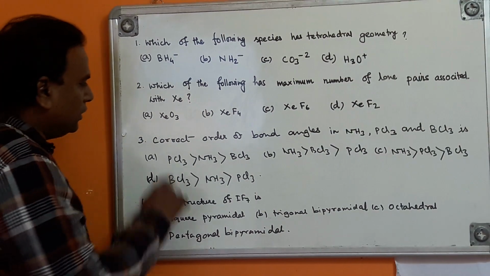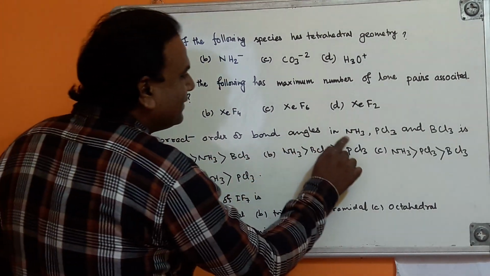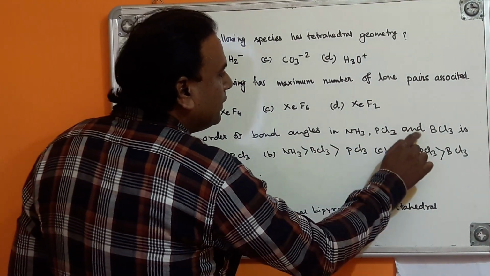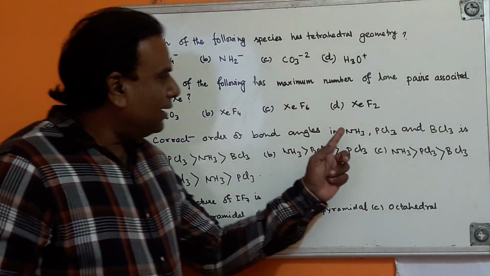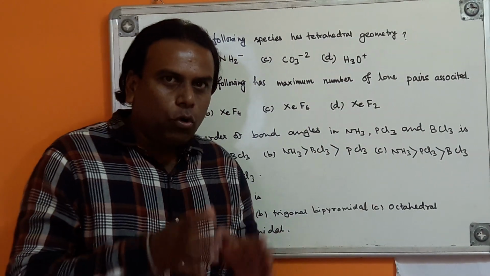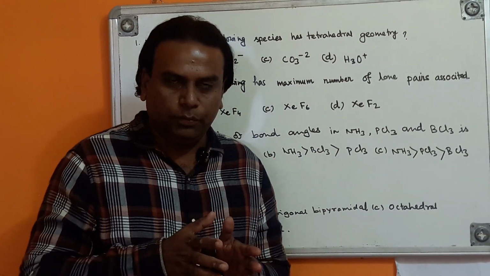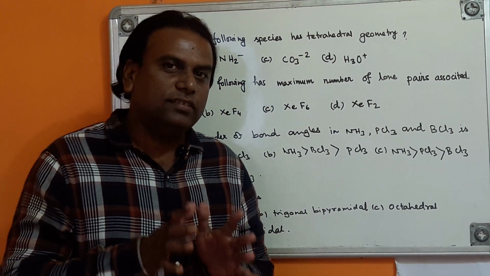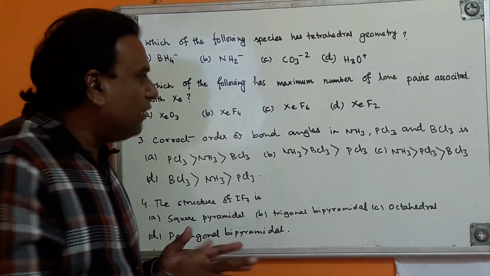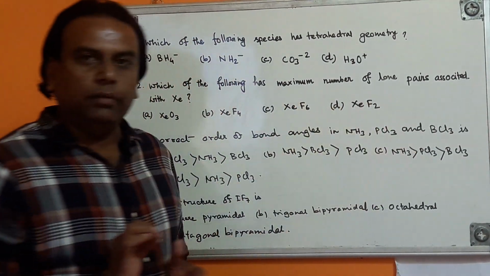My third question, the correct order of bond angles in NH3, PCl3 and BCl3. Here nitrogen and phosphorus are both in the same group in the periodic table, and they have 5 valence electrons in the outermost shell, and they form 3 bonds with other elements.